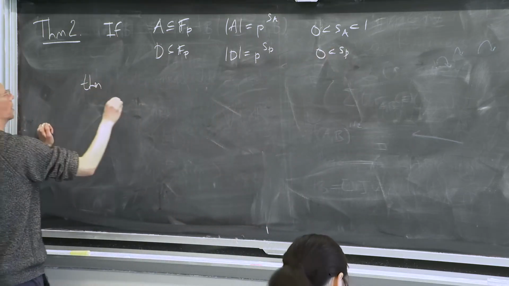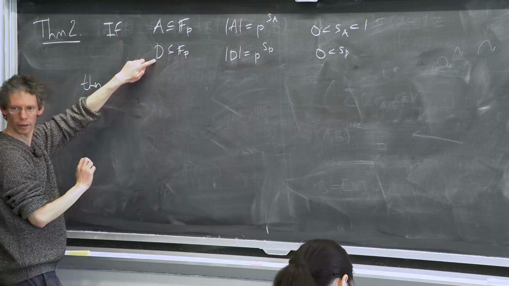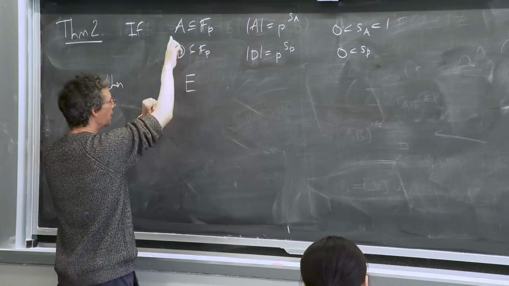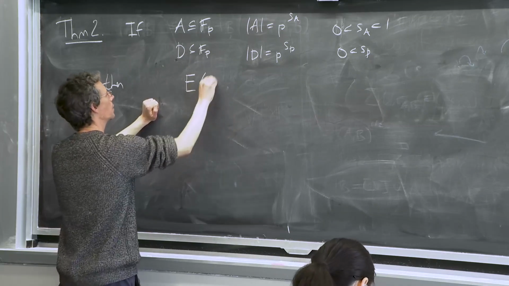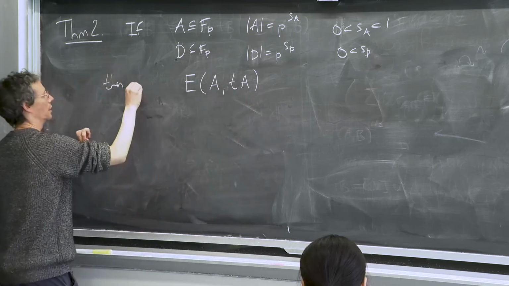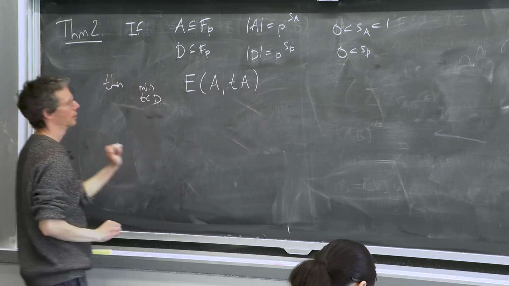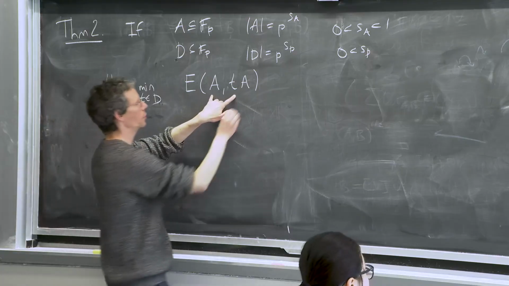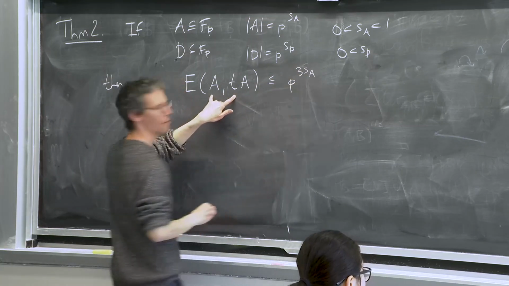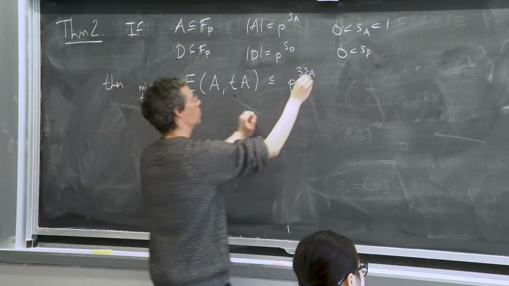Then I'm going to consider all the directions and pick the best one. And instead of looking at the size of A plus tA, I'm going to look at the energy of A comma tA. And I'll take the minimum over all the t. OK. So the biggest this energy could be is p to the 3 s_A. It's the maximum possible energy. And we're going to say it's a little bit better than this.